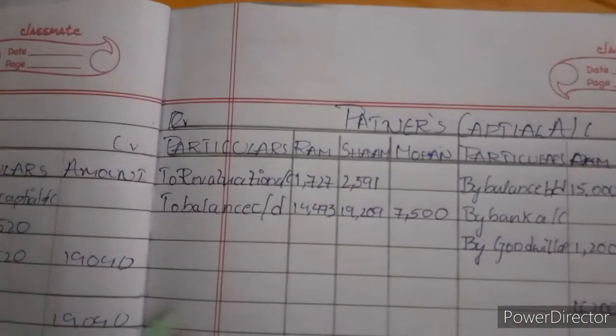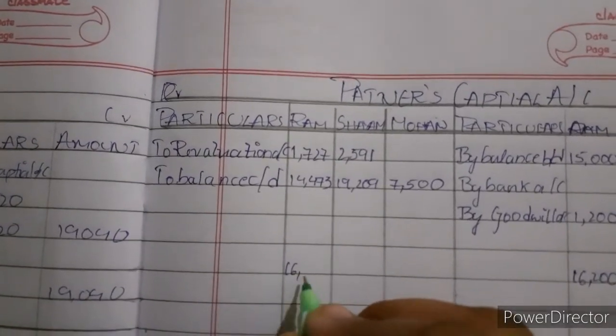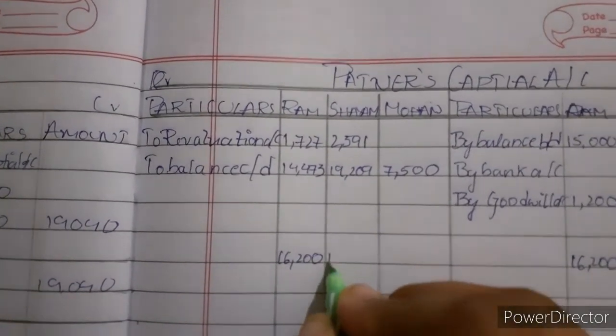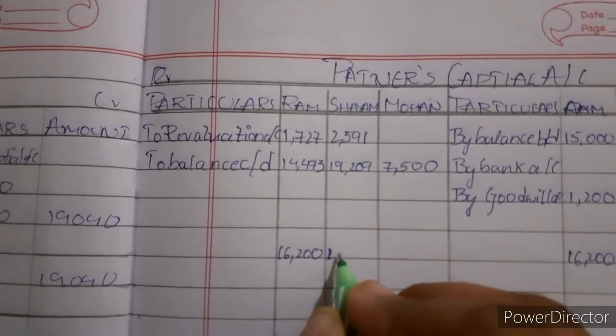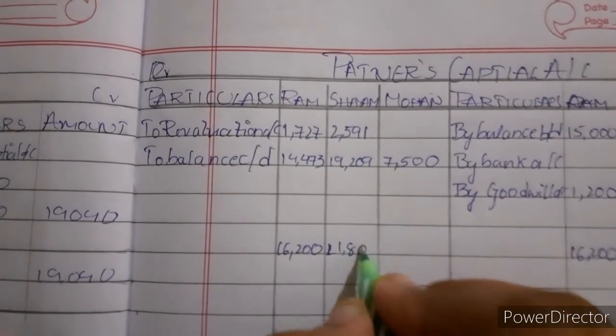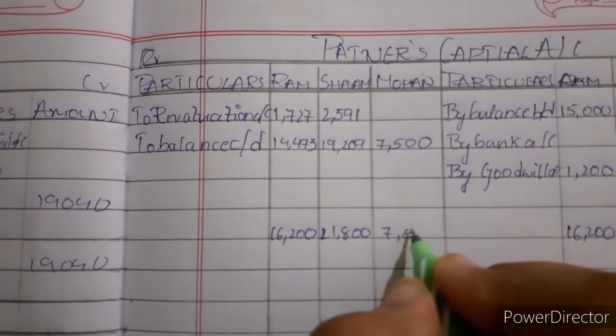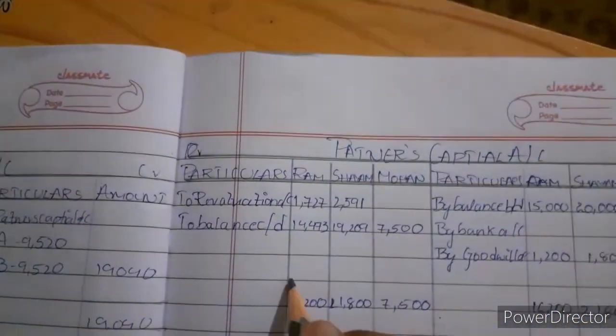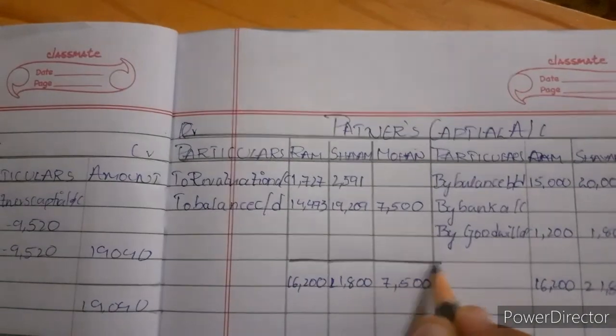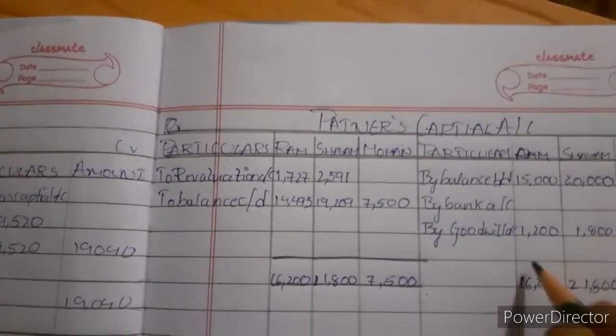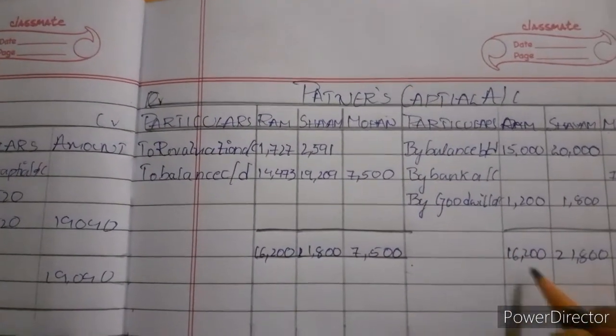Now both sides will have equal amounts, that is 16,200 and 21,800 and 7,500. This is the total answer for the partners capital account. So this is the sum.